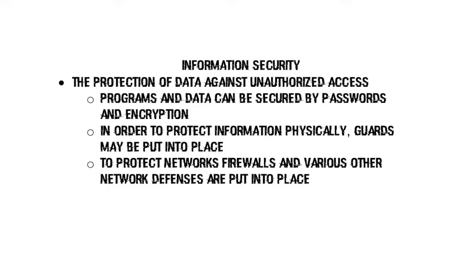We talked about physical security, where in order to protect an environment, we can have physical guards at the front of the building protecting the entrance coming in and out of that building. We also talked about how, in order to protect networks, companies employ things such as firewalls and various other network defenses that we're going to talk about throughout this course.